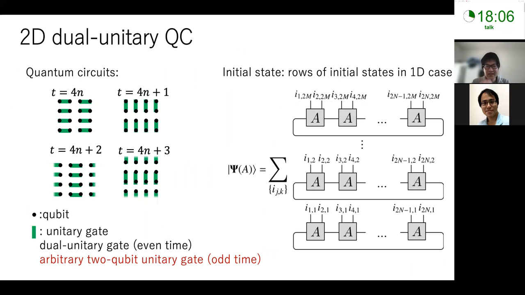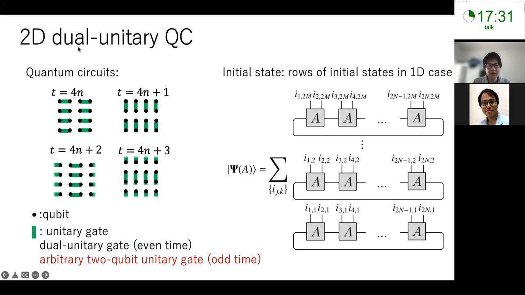The generalization to two dimensions is also attractive as an exactly solvable model of non-equilibrium systems, because in general, exact solutions for two-dimensional quantum systems are harder than for one-dimensional systems. So it's also interesting for non-equilibrium physics. But anyway, I want to define the 2D dual-unitary quantum circuit.